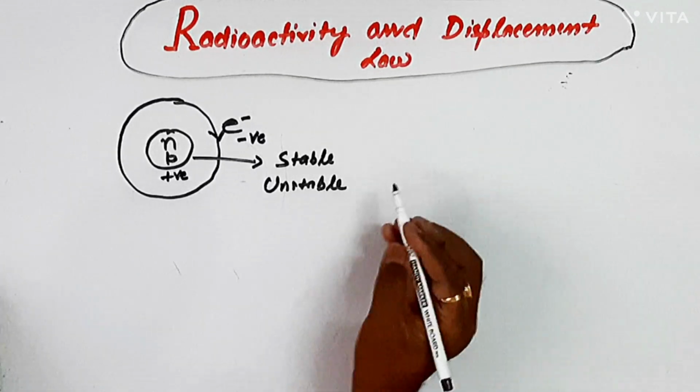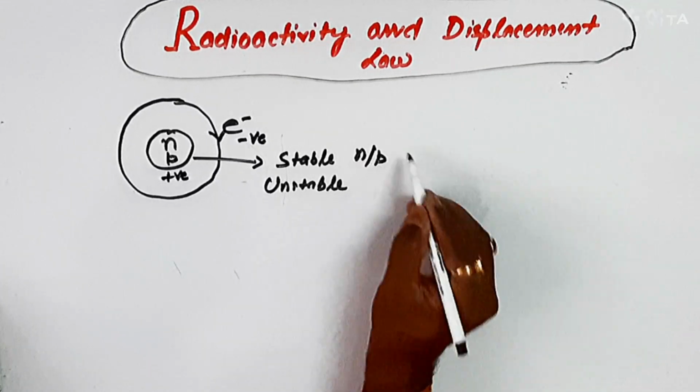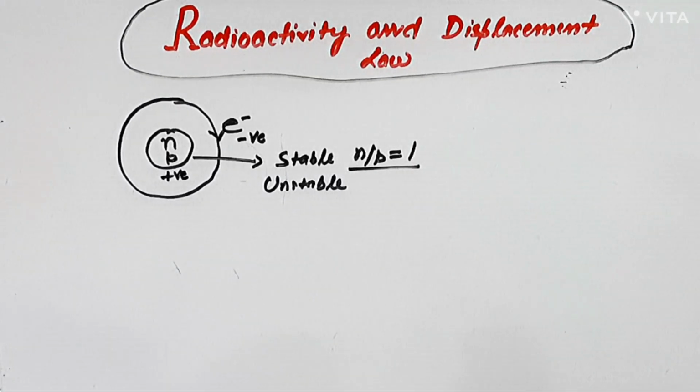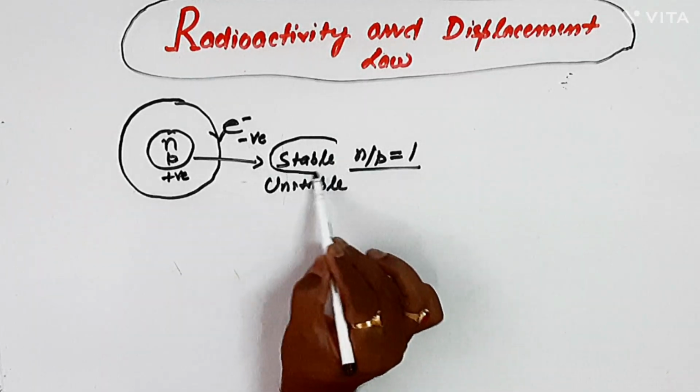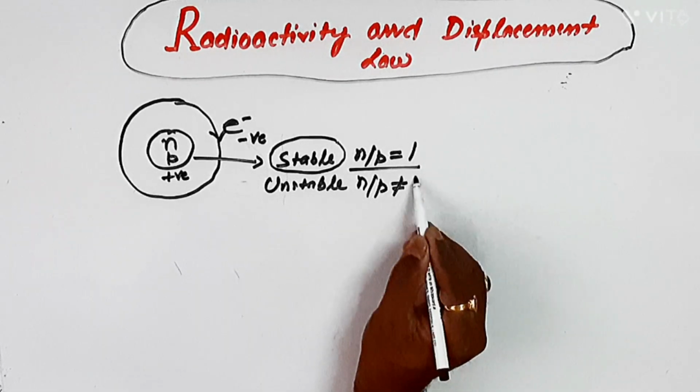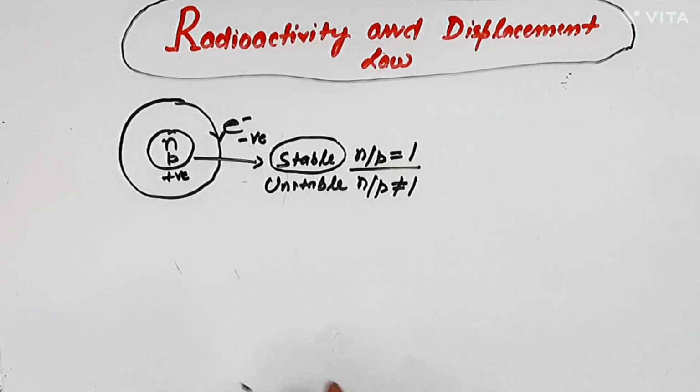What is the criterion? The n by p ratio, neutron and proton ratio, if it approaches unity, the nucleus is stable. And if n by p is farther away from unity, the nucleus is unstable.